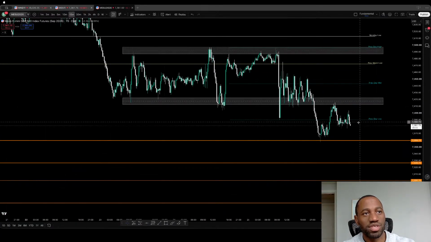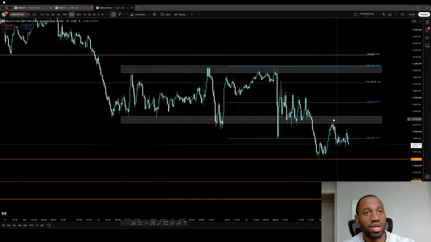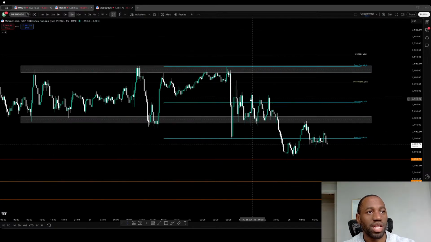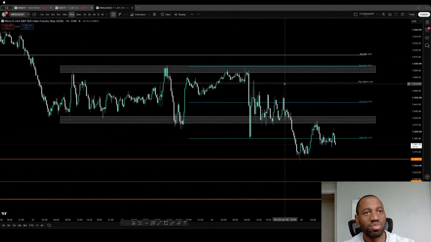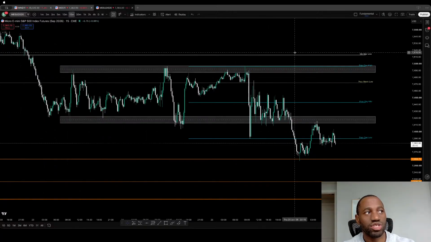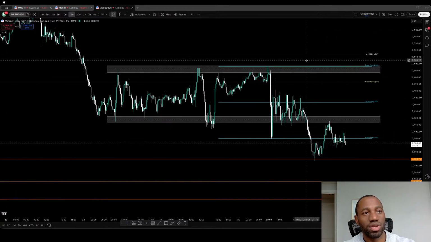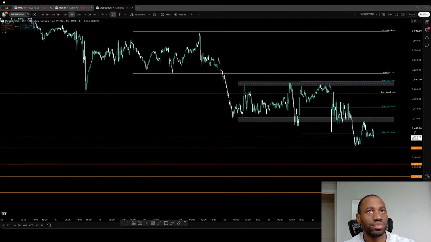And the only way for us to see, okay, well, you know what, maybe the market might be trying to pull a reversal, is that we need to get back up to the previous day mid, which is at 7,443, overcome all of the sellers that took control around this level, and then make a retest to the previous week low. Okay? Any pricing above the previous week low is showing a retest to the highs of the week, and then we want to see there's continuation maybe to the Monday low and so on. That is the bull case. But for now, the bears are in control.